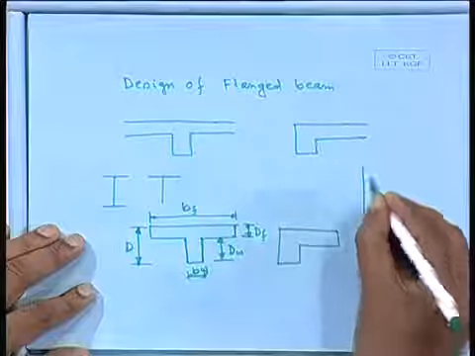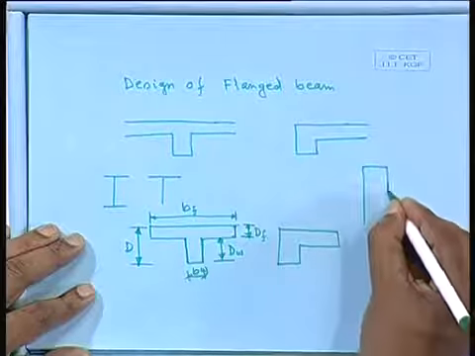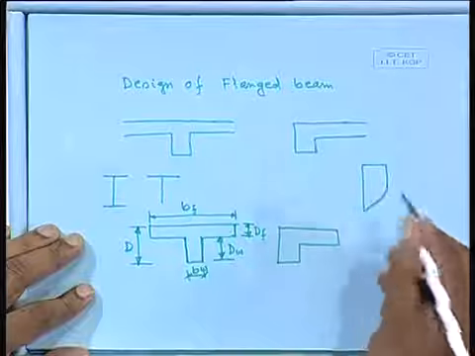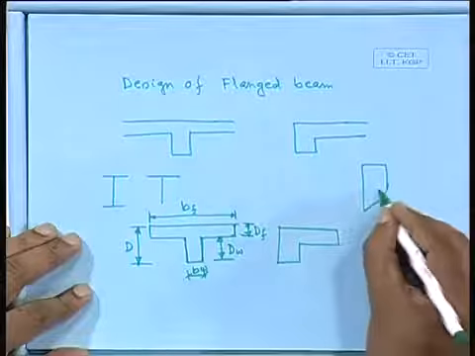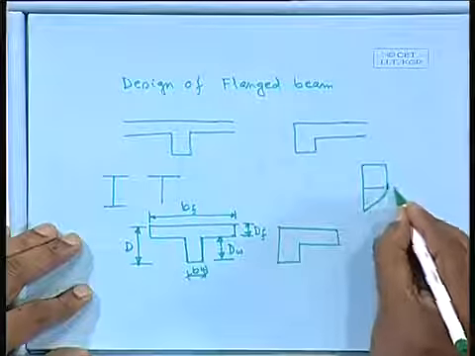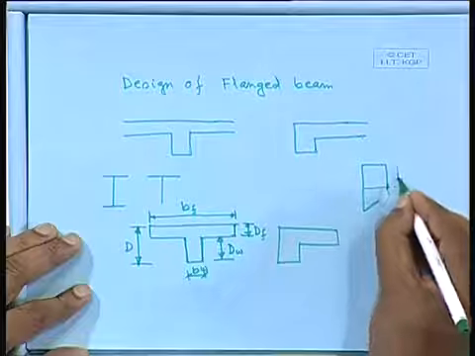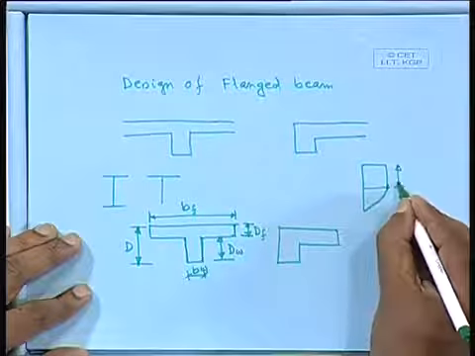Here what happened, only thing I shall mention today, there could be three different cases, depending on the stress block. This is your stress block, from here to here that constant.